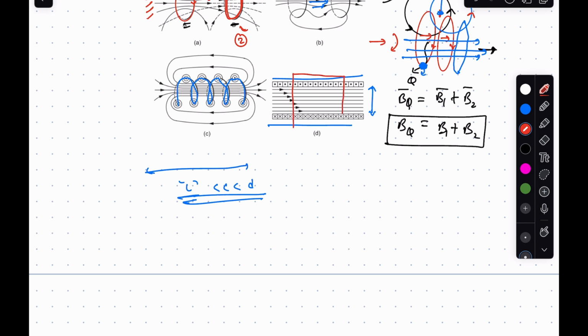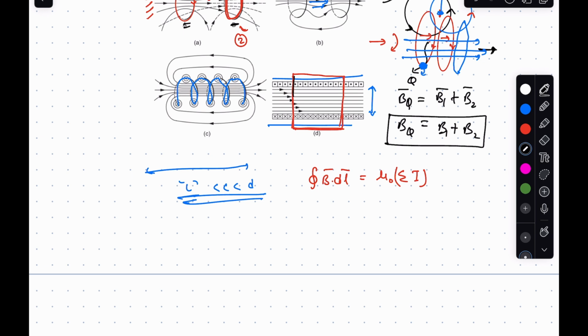I'm taking an Ampere's loop, a loop which passes from the outside of the solenoid, with both ends like this. I am taking a rectangular loop like that. Then according to Ampere's law, we have the integration of B·dl equals mu naught sigma I, where sigma I is the total current.